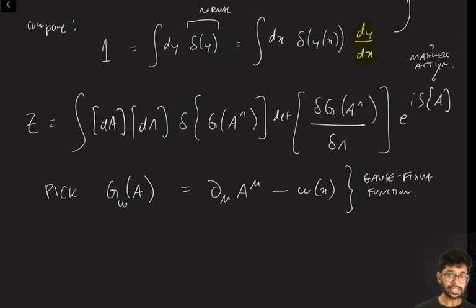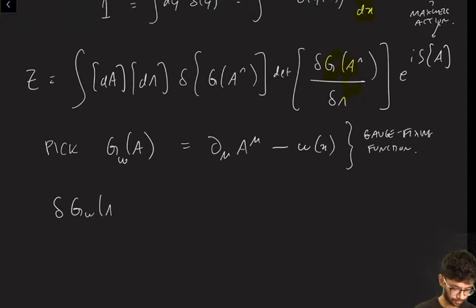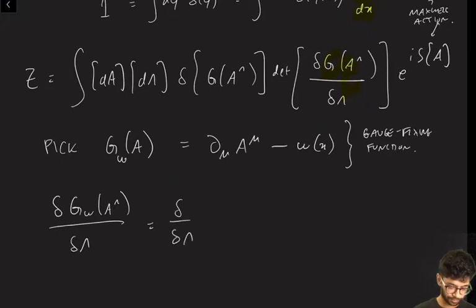It really doesn't matter what this function is, because you can pick any gauge you like to do your functional integral. But there is something nice about this choice. Let's figure out what this quantity is: the functional derivative of g of A of lambda with respect to lambda. So what is that? Let's just go through the steps here. This is the functional derivative of what happens if you stick a gauge transformed A into here.